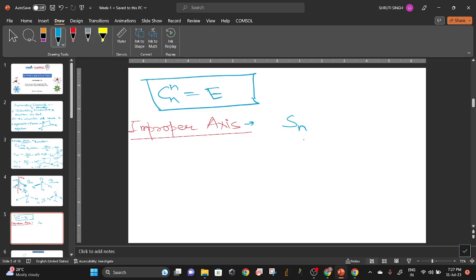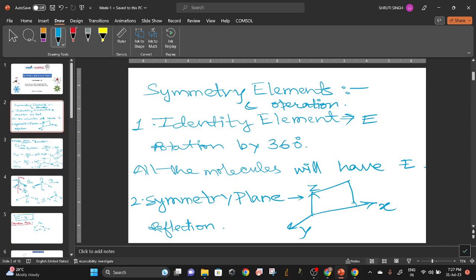So Sn is a combination of two things: Cn, where N should be the same as in Sn, and Cn is the proper axis, followed by a perpendicular sigma. I didn't tell you that a plane is represented by the symbol sigma. The Greek letter sigma represents a plane, and the subscript, for example xz, represents the orientation of the plane, the direction in which the plane is oriented.